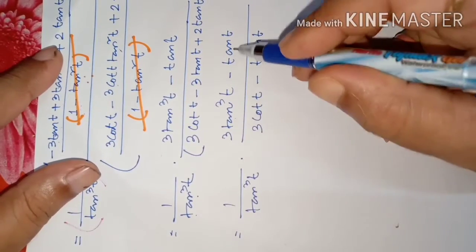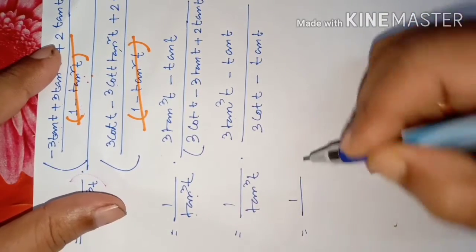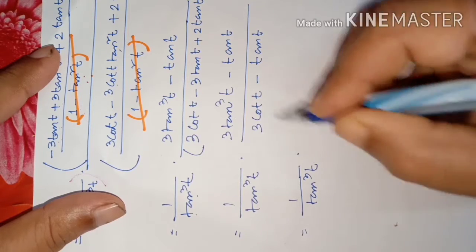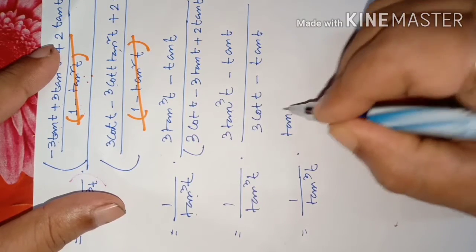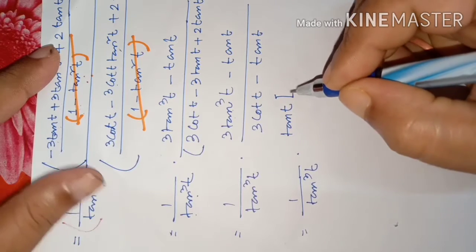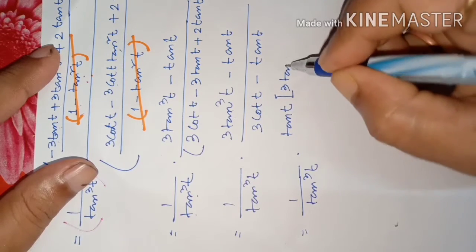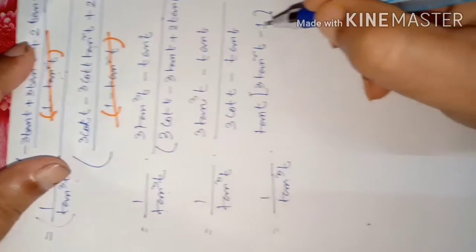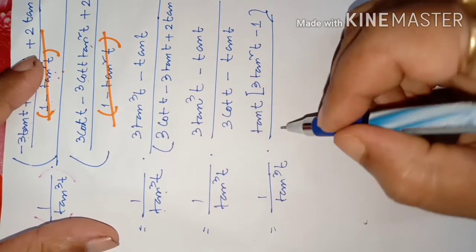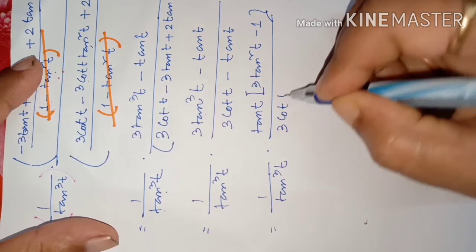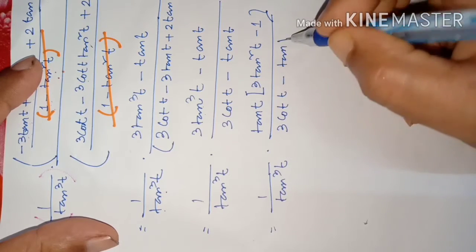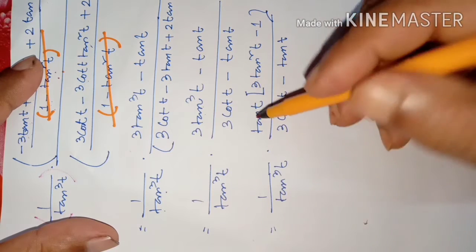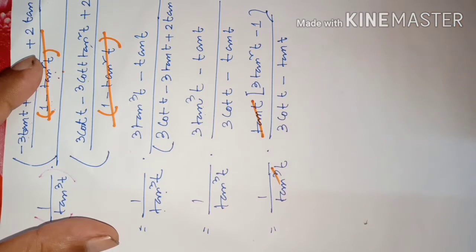We can take 1 tan t as common factor, then it will be 1 by tan cube t into 1 tan t taken as a common factor. In bracket you write 3 tan square t minus 1, divided by 3 cot t minus tan t. Then this tan t and 1 from here cancelled.